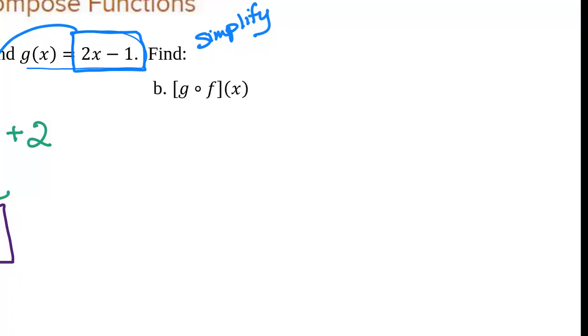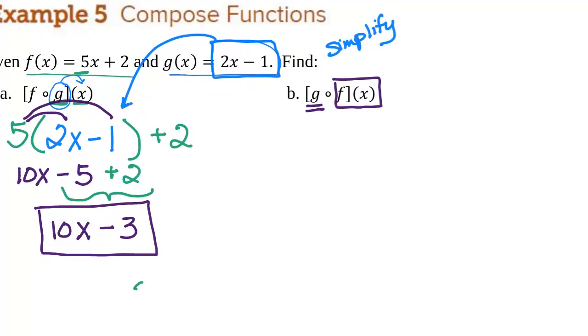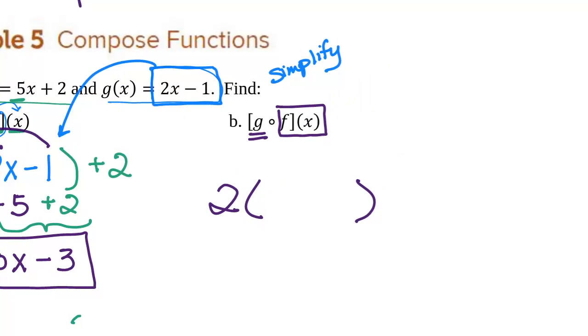F. So we are going to take all of this f of x and we are going to replace it in g of x. So first of all, g is first, so we're going to start with g. And instead of putting the x, we're going to put parentheses. So we're going to say 2, instead of x, we're putting parentheses, minus 1.